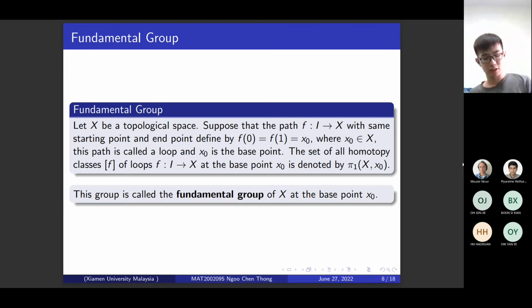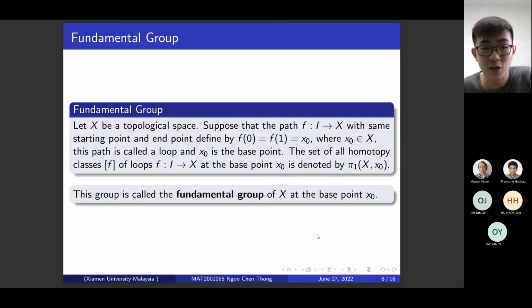Now I will talk about the fundamental group. Here we let X be a topological space, and let a point be x0, and we have a loop inside the space, and x0 is the base point. Now we collect all the loops.